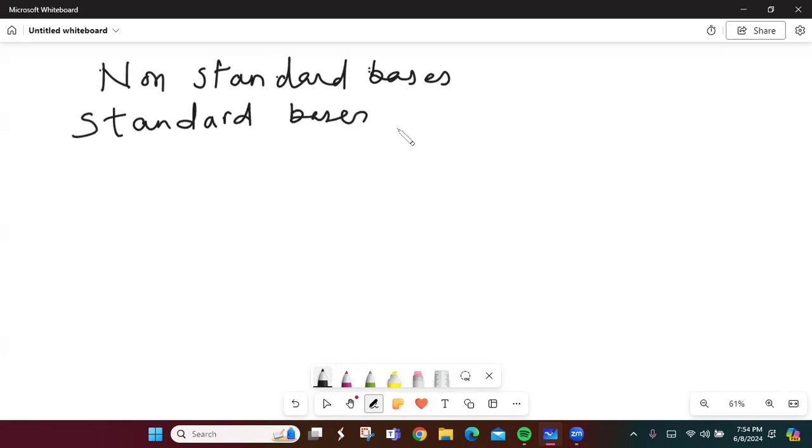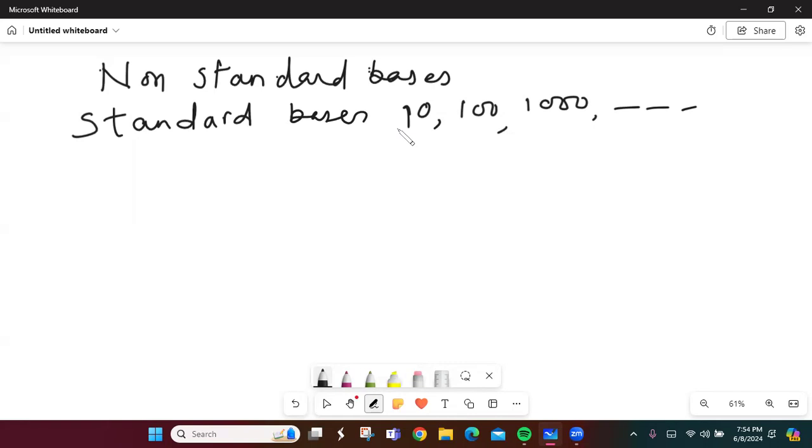So 10, 100, 1000, these are the standard basis. But many times by taking standard base, if you do the calculations, it becomes difficult. And hence we consider the non-standard basis.